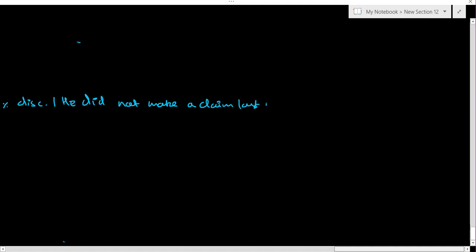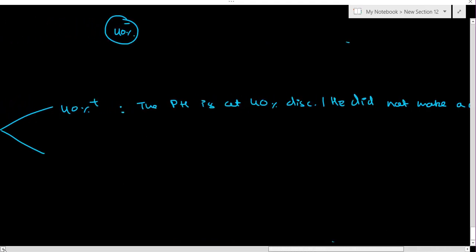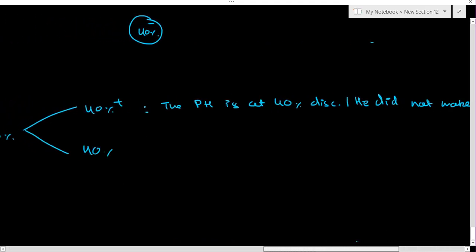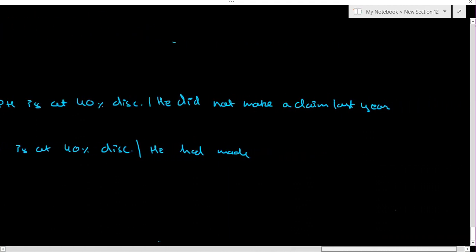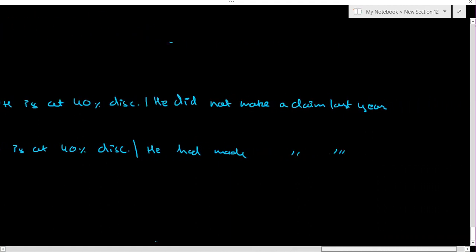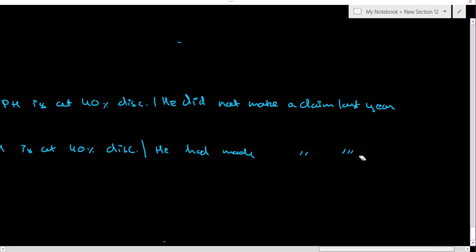And 40% minus can be written as the state where the policyholder is at 40% discount given that he had made a claim last year. So that's how you can define it actually.